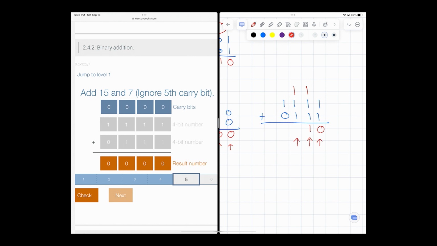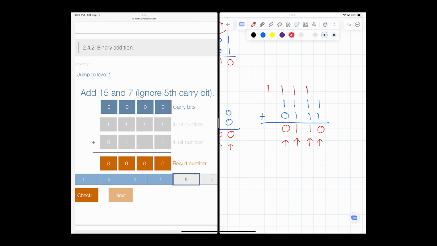And then we move over here, we have 1 plus 1 plus 1 again, which is a 1 and a carry 1. And then here we have 1 plus 1 plus 0, which is 2. So it would be a 0 and then we carry a 1. That's what we would have to do.